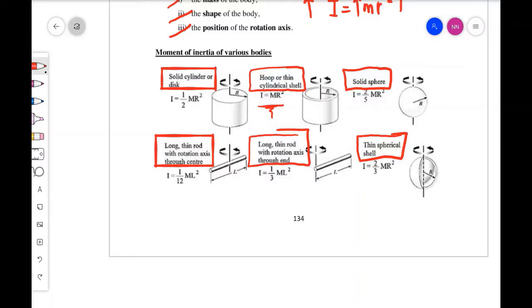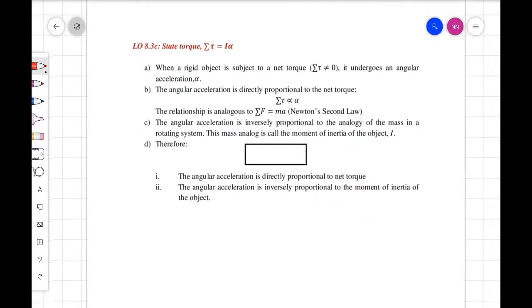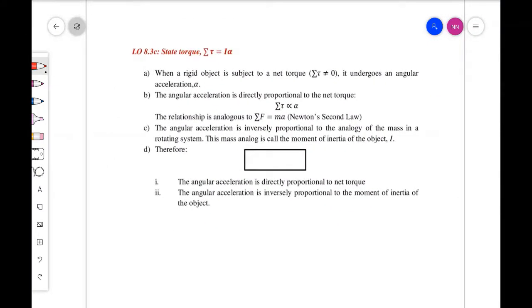Learning outcome 8.3c, state net torque equals I alpha. Untuk kita guna equation net torque equals I alpha ni, objek mestilah buat rotational motion.